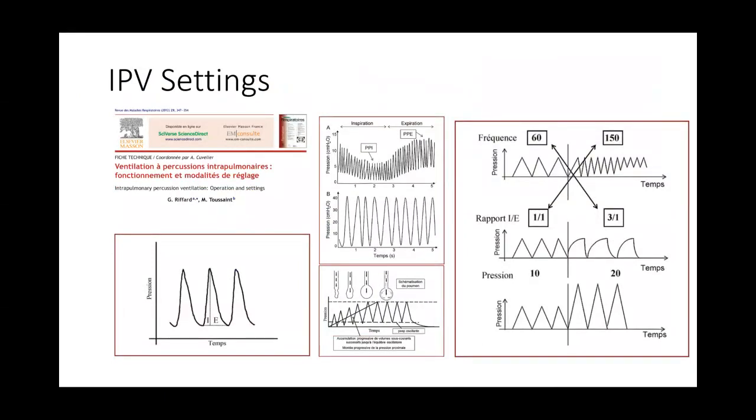When it comes down to settings for IPV, typical IPV devices like the Percussionaire, we need to think about what we set. We set the percussions, or the frequency, the inspiratory to expiratory ratio, and the pressure that's to be delivered.